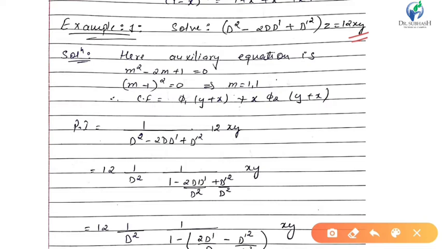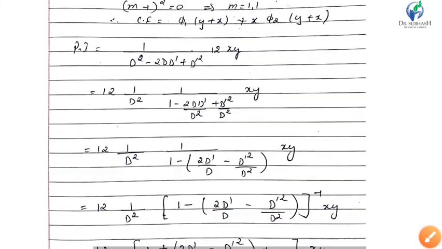Now the auxiliary equation can be written as m square minus 2m plus 1 equal to 0. This is equal to (m minus 1) whole square, and this implies m equal to 1. Here the roots are real and equal, so CF will be phi1(y plus x) plus x phi2(y plus x). Now we will find PI.